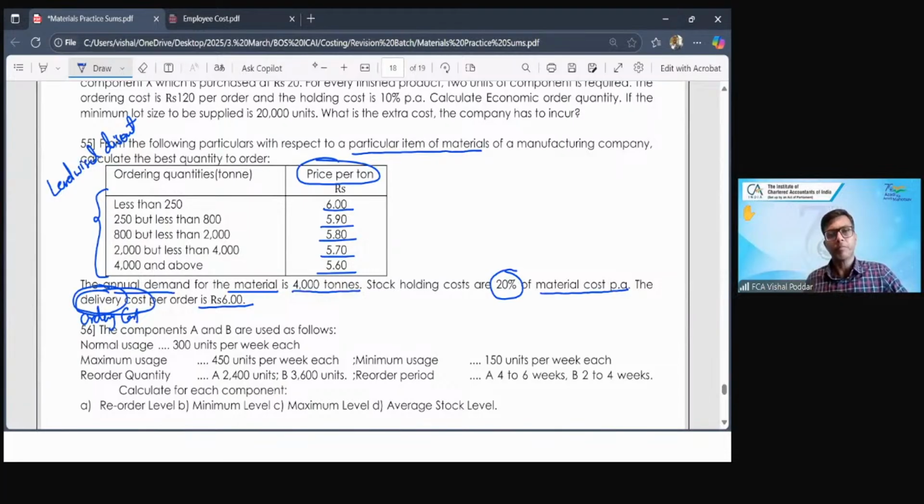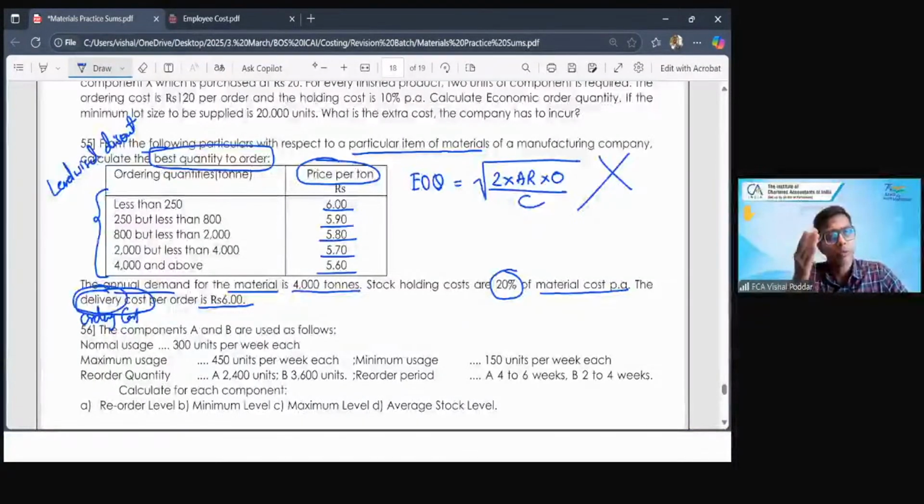Okay. So what are you supposed to do? You are supposed to calculate the best quantity to order. So indirectly, they're asking you Q. But interestingly, this formula which we have been using till now cannot be used here.